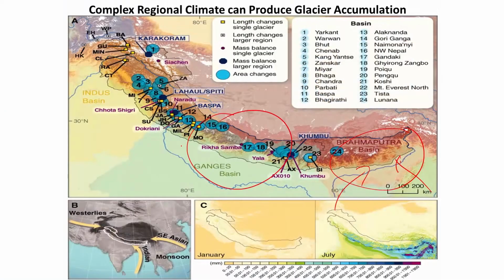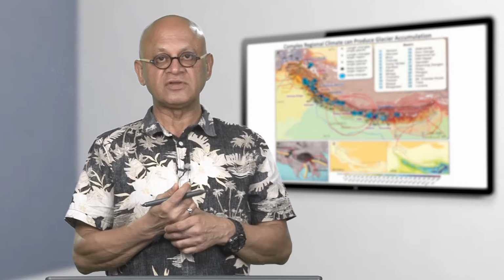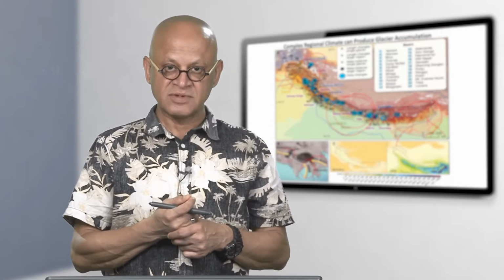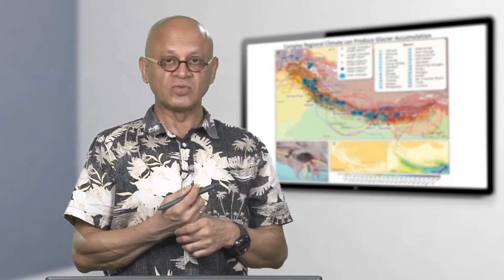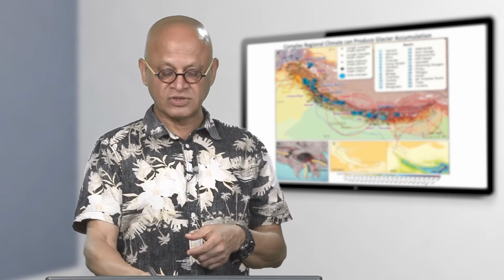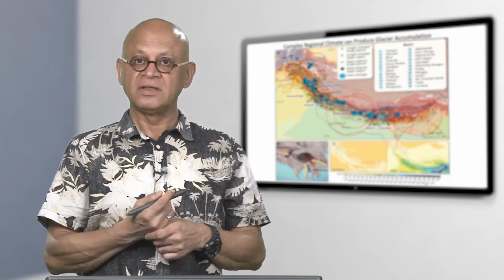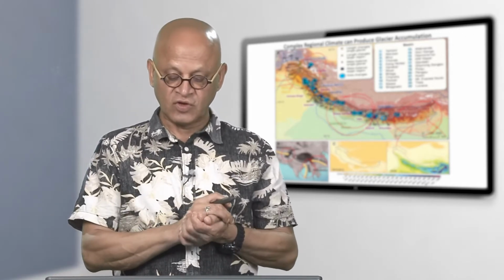In the central region you have again more the influence of the monsoon, whereas as you go far into the west, the snowfall is actually coming from the Atlantic in what are called westerly disturbances, which means those are more winter snow regions rather than monsoon time scale precipitation, snowfall or rain.